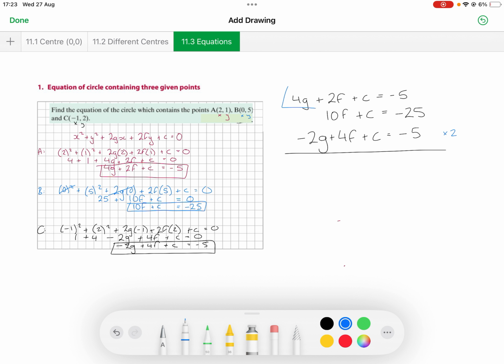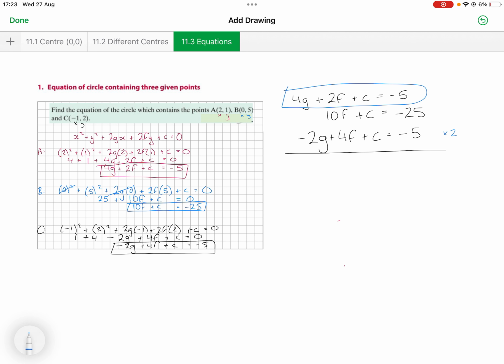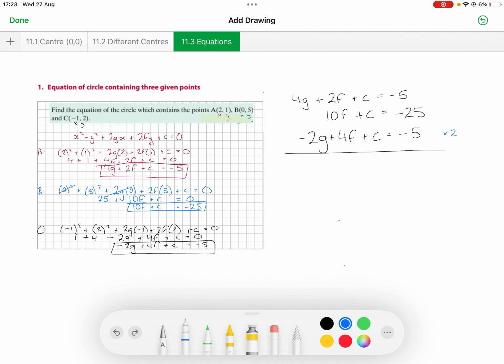And I'm going to pair it up with the first one. Based on 5th year, we would have called these new equation 1 and new equation 2. So I'm going to make my new equation. I take 4g plus 2f from the first one, and I take the last one, but I'm going to times it by 2.